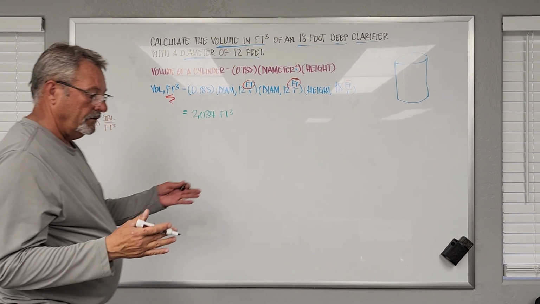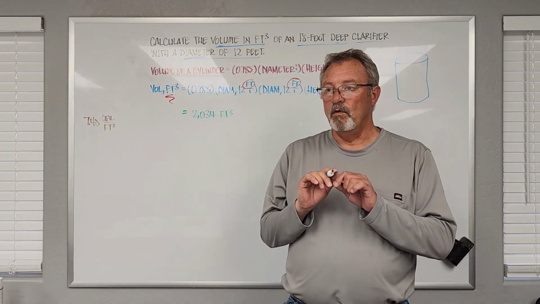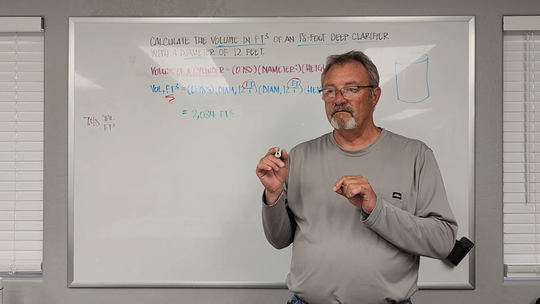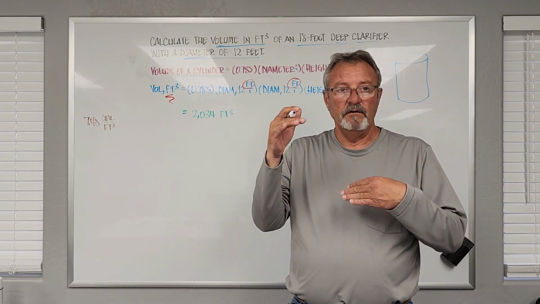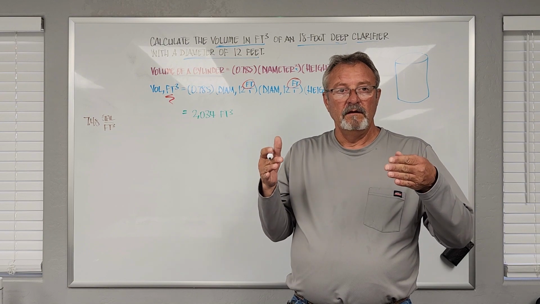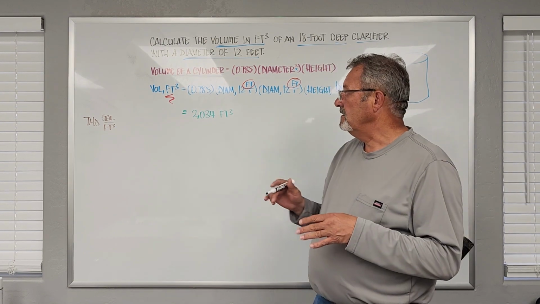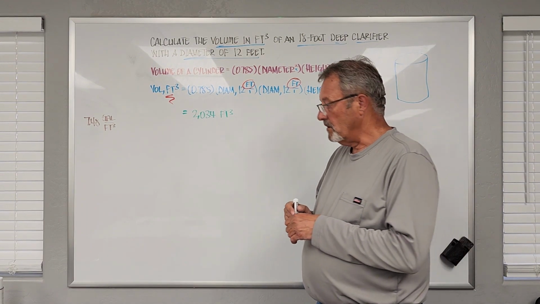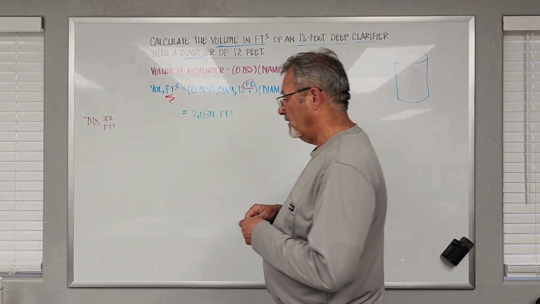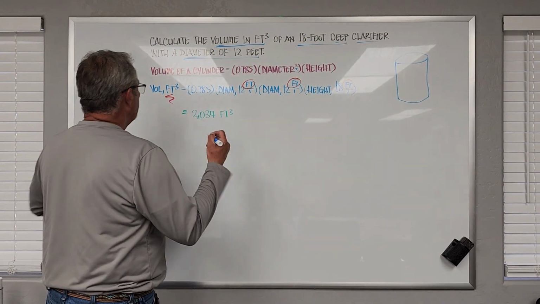What that means, if I have one cube that's 1 foot in length by 1 foot in width by 1 foot in height, if it's a perfect 1 foot by 1 foot by 1 foot cube, then it would hold exactly 7.48 gallons. So if I want to convert this to gallons, I would go ahead and write it like this.